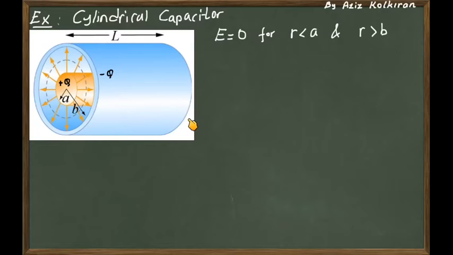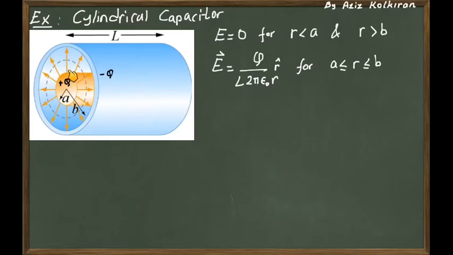The flux through this Gaussian surface will be 0 because the total charge inside the Gaussian surface is 0, plus Q and minus Q. What about the electric field in between these two conductors?